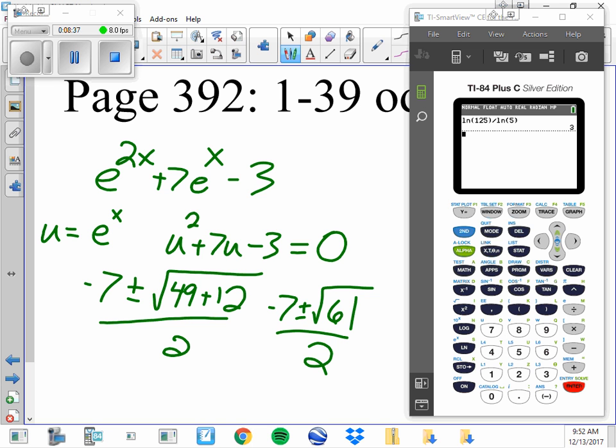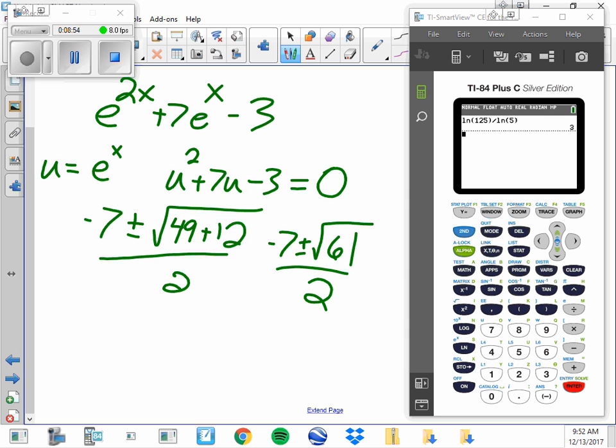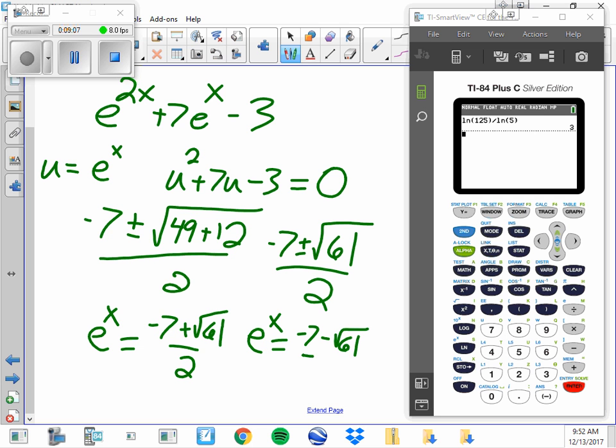Okay, so that is u. But u is actually e to the x. So we take e to the x and we set it equal to negative 7 plus the square root of 61 over 2. And e to the x equals negative 7 minus the square root of 61 over 2.